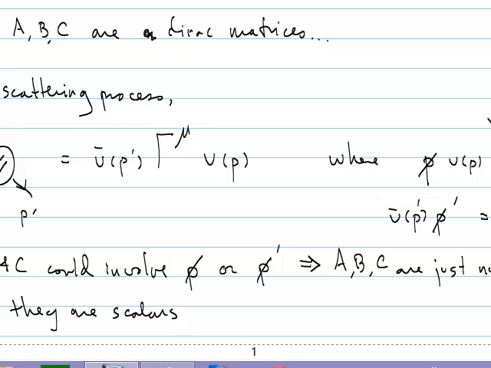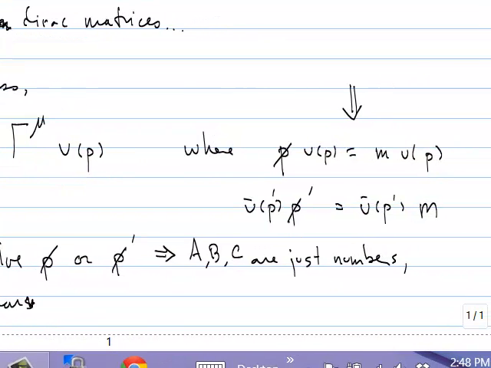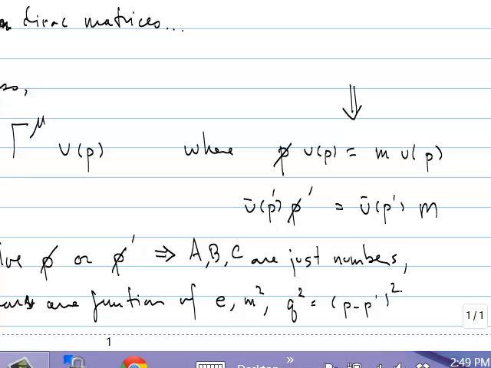And if you think about it, the only scalars that you can write down that are non-trivial, that are functions of M, E, P, and P prime, are functions of E, M squared, and Q squared, which is (P minus P prime) squared. Because, for example, P squared is equal to M squared, P prime squared is equal to M squared.